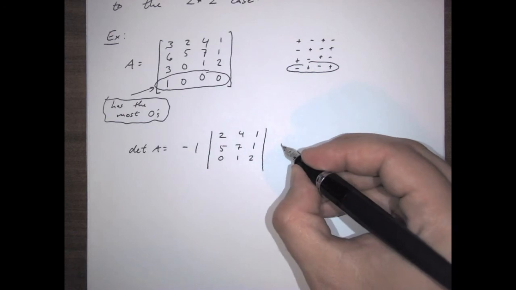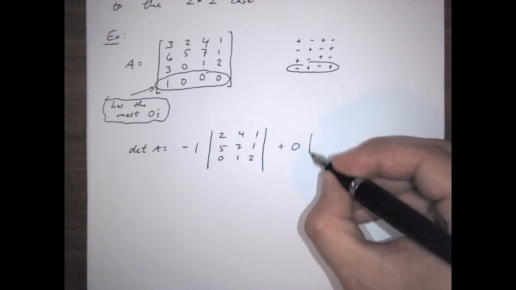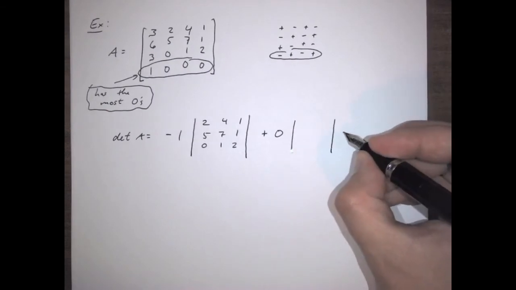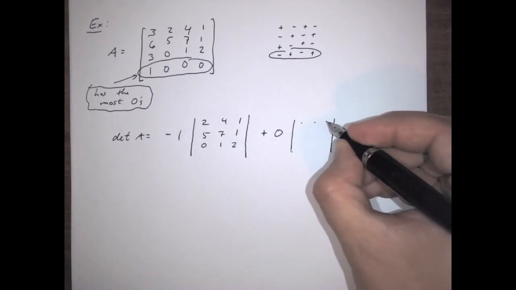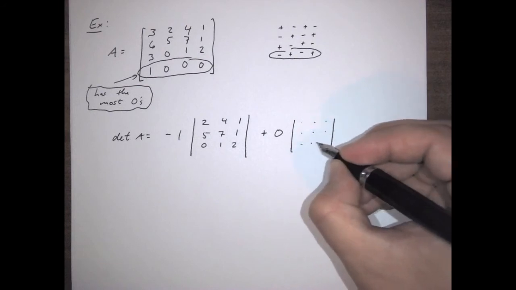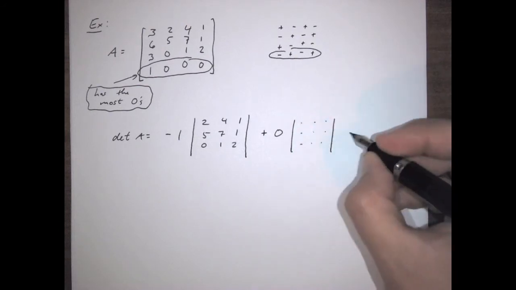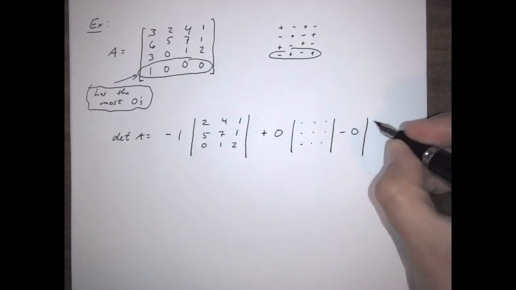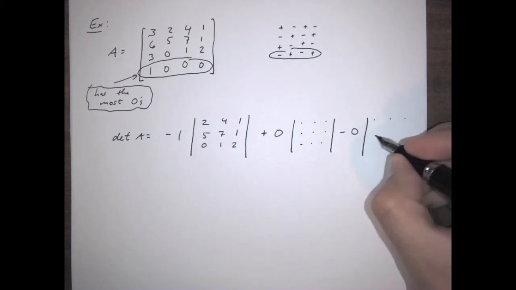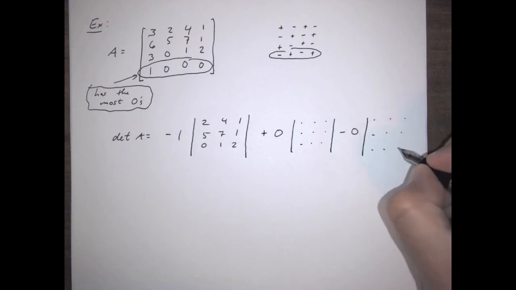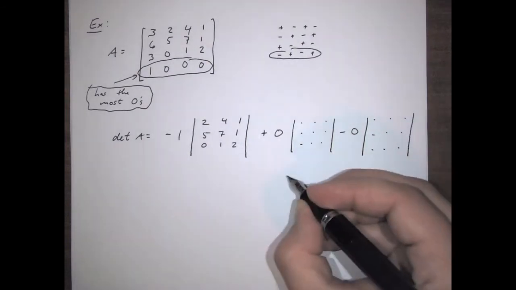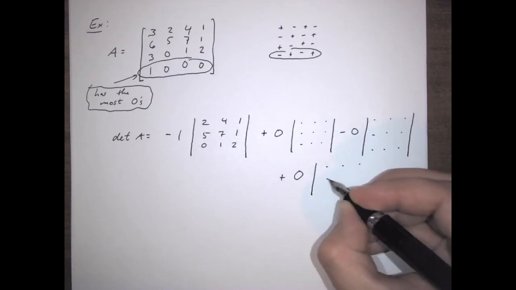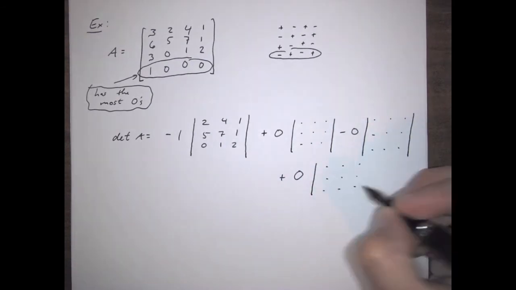Plus 0 times something, doesn't even matter what, because it's being multiplied by 0. So something, don't know, don't care, minus 0 times the determinant of something, and then plus 0 times something.